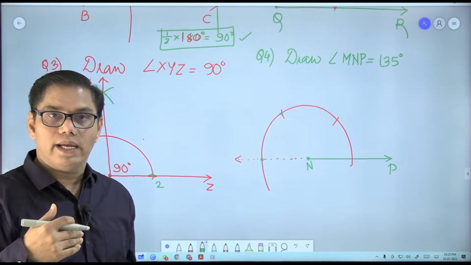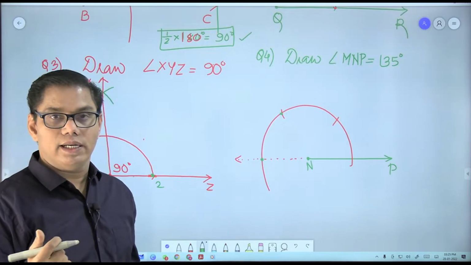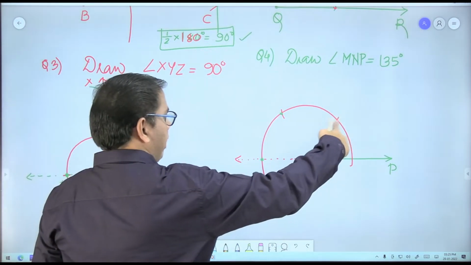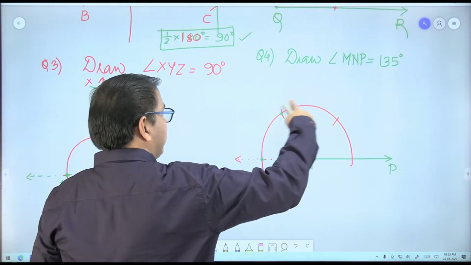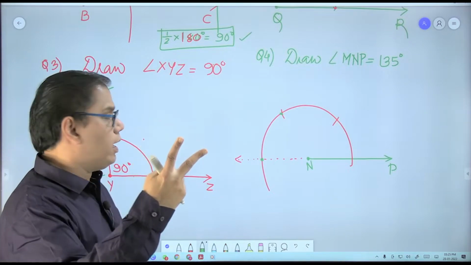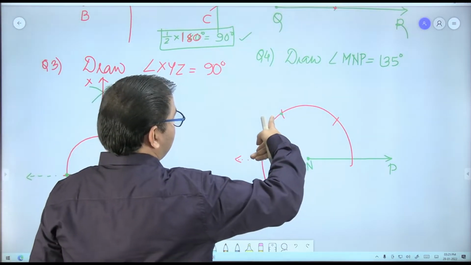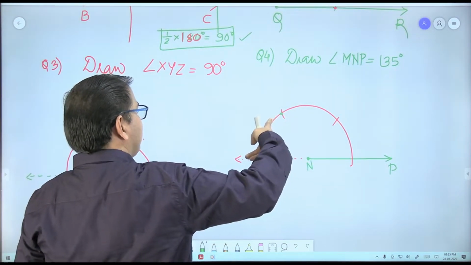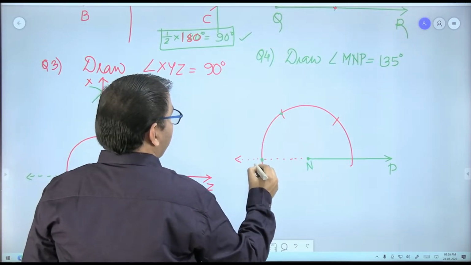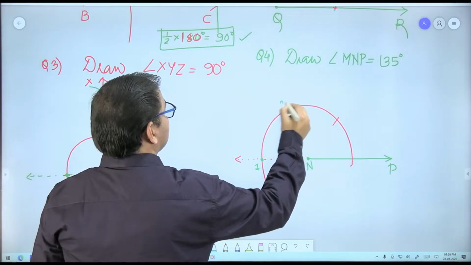If I draw a bisector of 60 degree, I will get 30 degree. I'll take a compass. Maybe you might have drawn 60 degree, another 60. If you have not changed the arrangement of your compass, well and good. If you have changed, make sure that it is almost equal or a little less. Okay, equal can be done. So I am numbering this as 1 and this as 2.